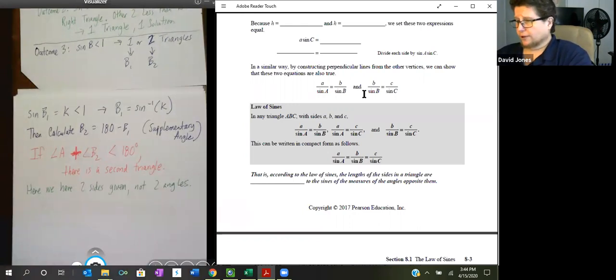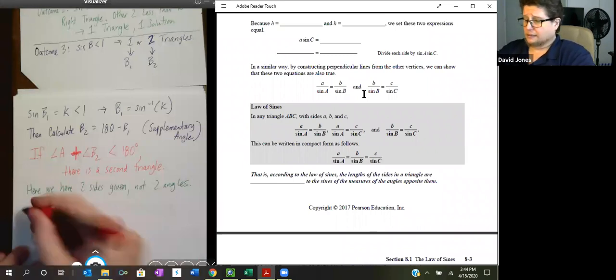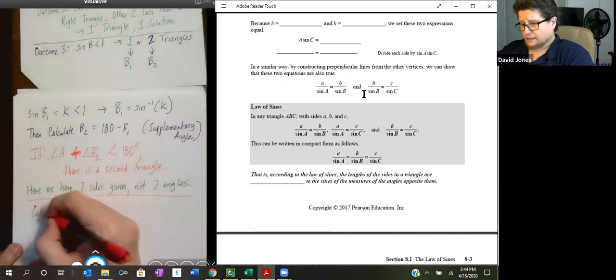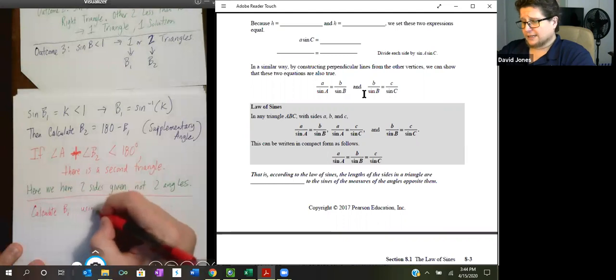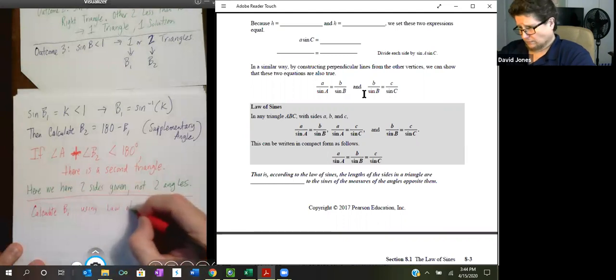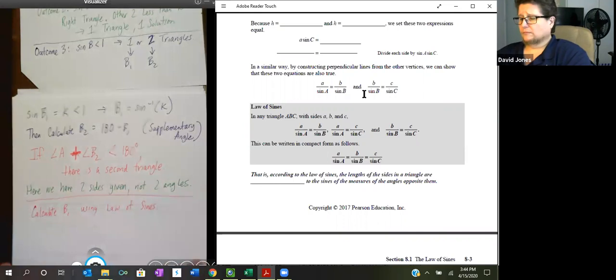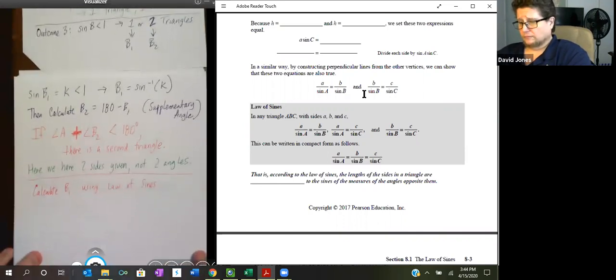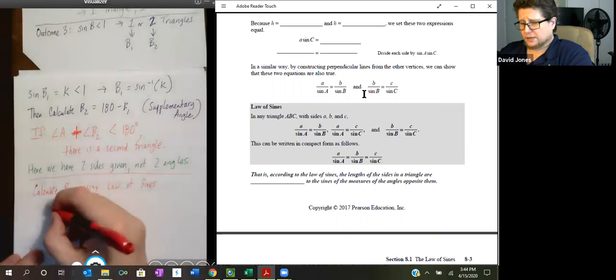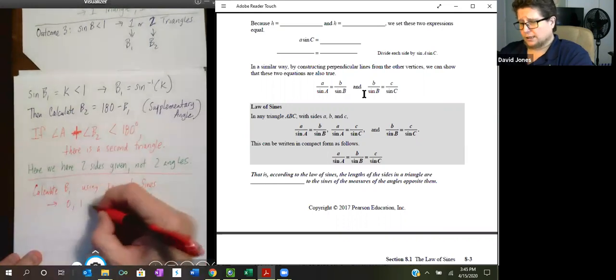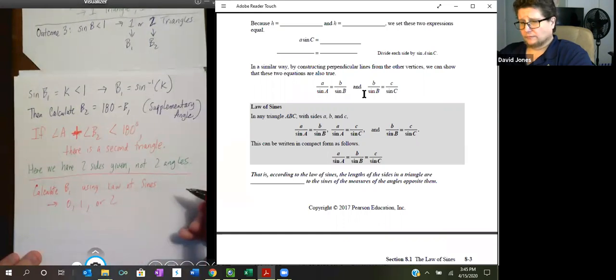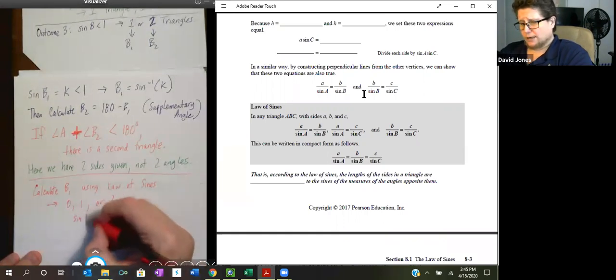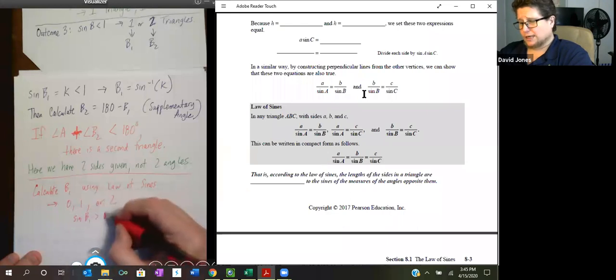So we're going to calculate angle B, or calculate B1, using law of sines. This helps us decide whether it's 0, 1, or 2.